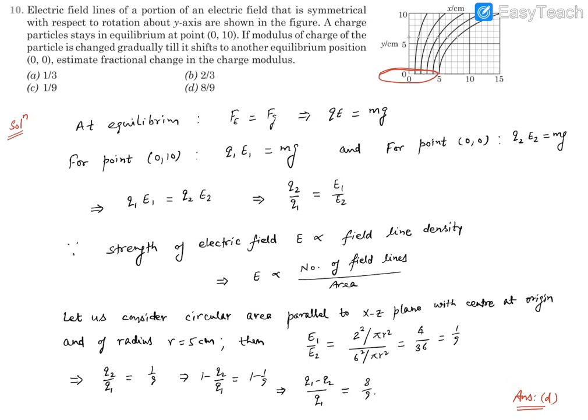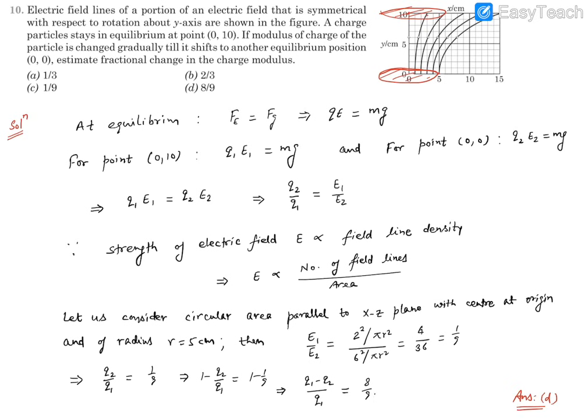Consider the same area lying in the xz plane, but with center at (0, 10). Now how many field lines are passing through these areas? That will give us an idea about the electric field strength.